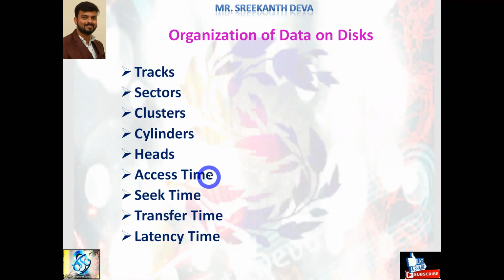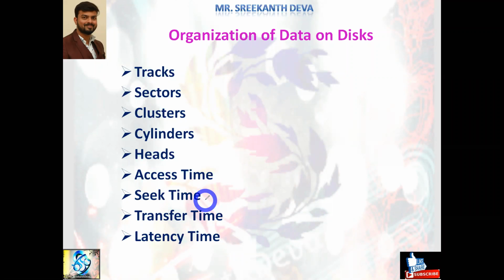Next, access time. The average time required to reach a storage location in memory and obtain its contents is called the access time. Next, seek time. Seek time refers to the time a program or a device takes to locate a particular piece of data.